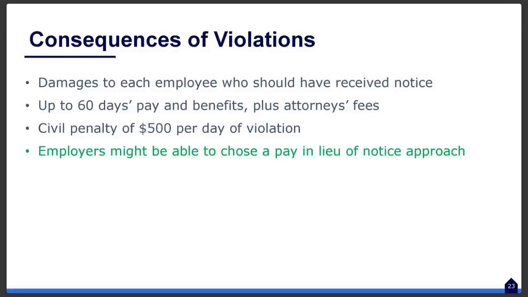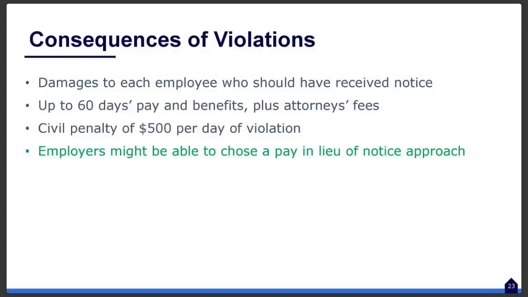If the company just decided it's so problematic for us for whatever reason to give notice, then we will just terminate the employees, and then pay them the equivalent of 60 days pay and benefits each. Now, this could essentially be severance pay, but you couldn't require them to sign a waiver, for example, in exchange for the money, or else you would not cut off your liability under the WARN Acts.